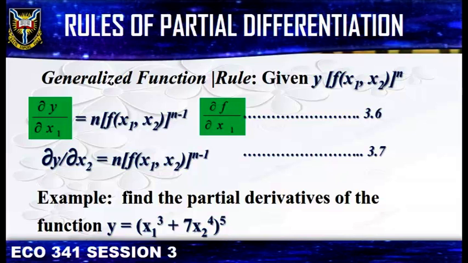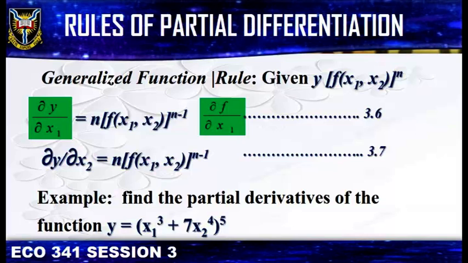Equation 3.6. Partial dy over partial dx2 is equal to n (f(x1, x2)) raised to power n minus 1 times partial df over partial dx2. Equation 3.7.